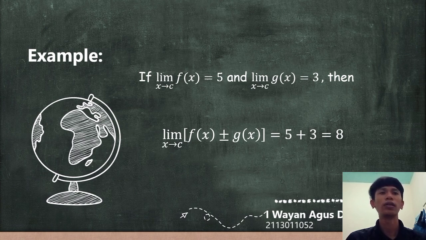So we already have the values of the individual limits. So we have 5 plus 3 equals 8. Therefore, the limit of f of x plus g of x as x approaches c is equal to 8.